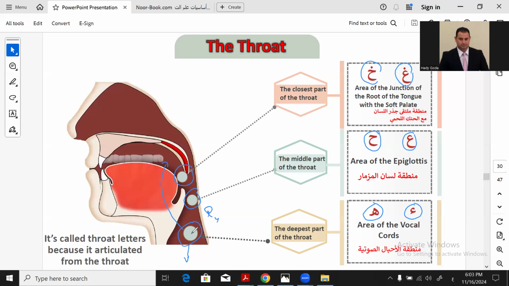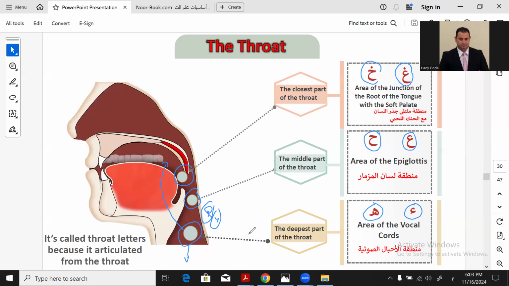From this area, two letters are articulated, letter Hamza and letter Ha. We can say that both Hamza and Ha come from the farthest part of the throat.